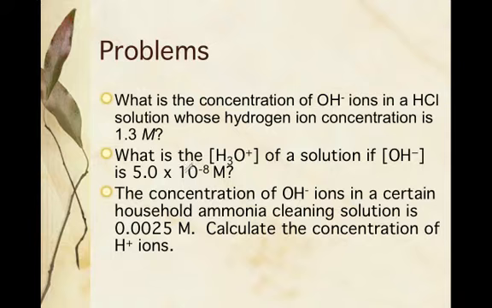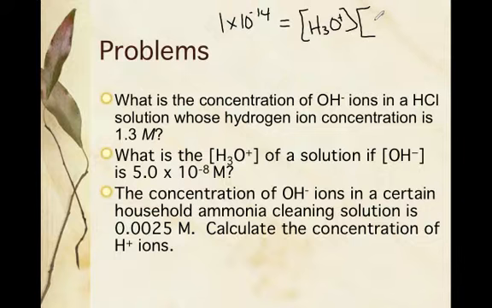What is the hydronium concentration of a solution if the hydroxide concentration is 5.0 times 10 to the negative 8th? 1 times 10 to the negative 14 equals the hydronium concentration times, and we know the hydroxide concentration is this number.